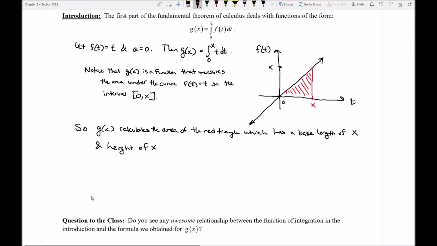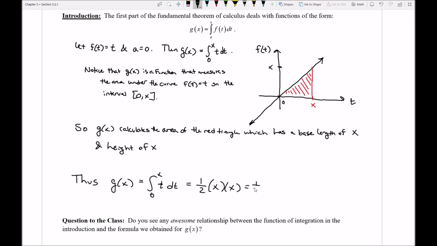So if I put all this together, I could say that my function g of x, in this specific case, where I'm going from 0 to x of t dt, is equal to just the area of this triangle. But again, I know how to find the area of a triangle. More generally, in geometry class, I would say this is 1/2 the base of the triangle times the height of the triangle.